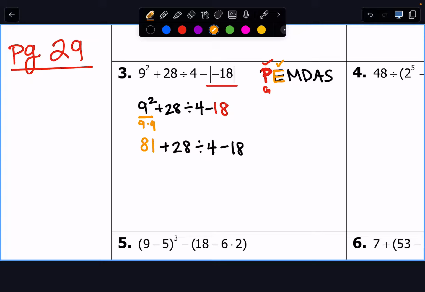So we have to look at multiplication and division first. And we see that there's division. The division has to come first, you guys. What is 28 divided by 4? 7. We still have minus 18 after it. We still have 81 plus before it.